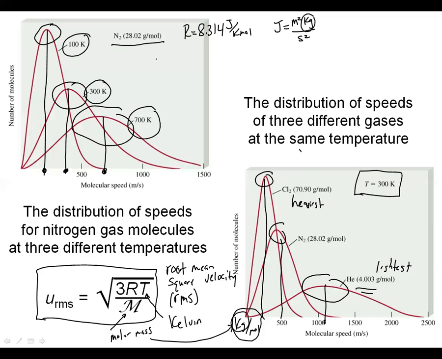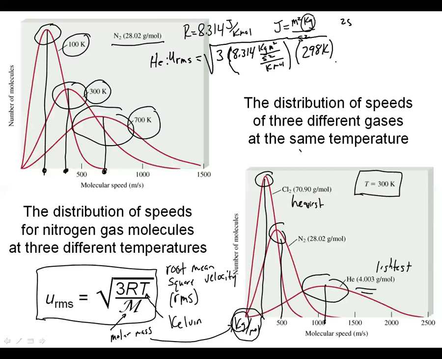If we did helium and we wanted to calculate the root mean square velocity, which is abbreviated as that U type symbol, we would take the square root of 3 times R, which is 8.314, with units kilograms meters squared per seconds squared divided by Kelvin and mole, times our temperature, and we will do 25 degrees Celsius, which is 298.